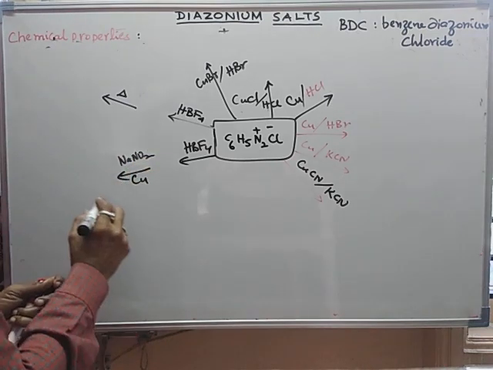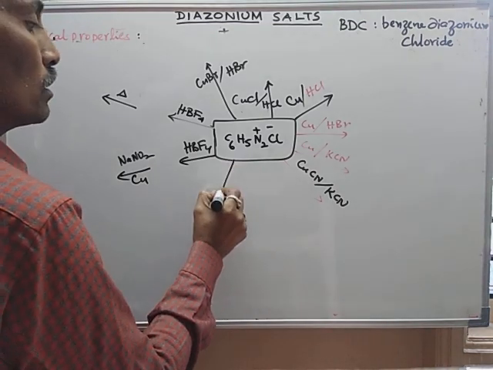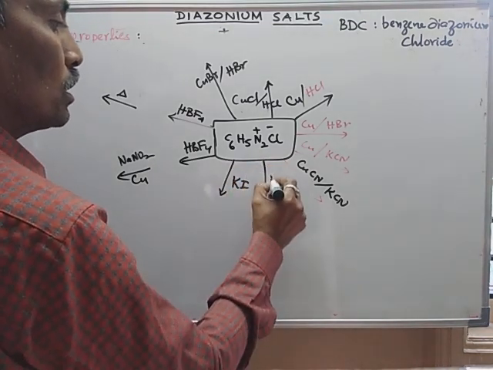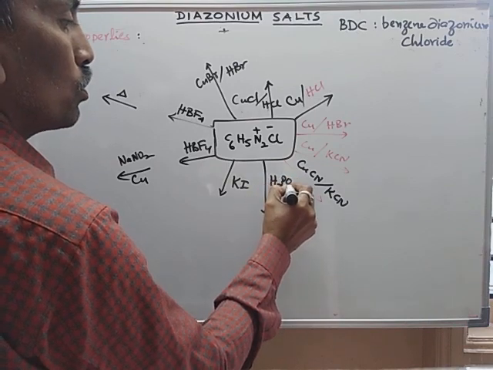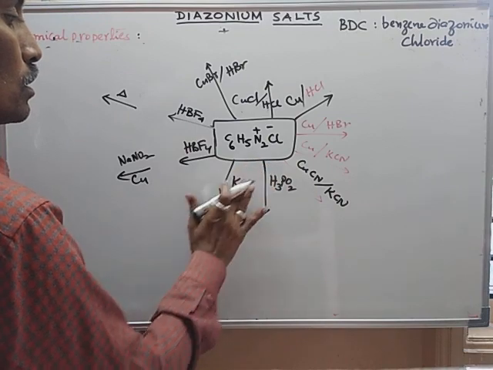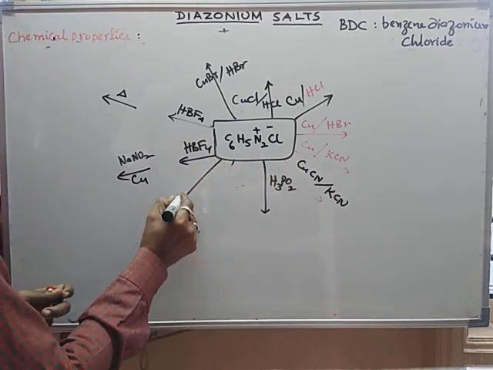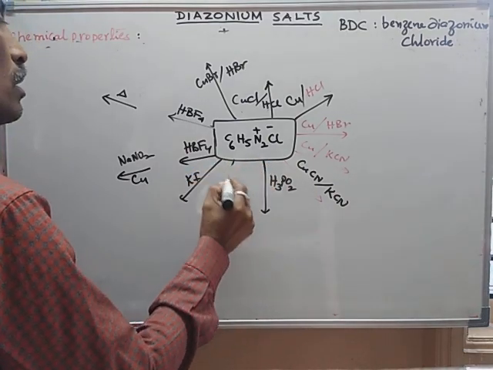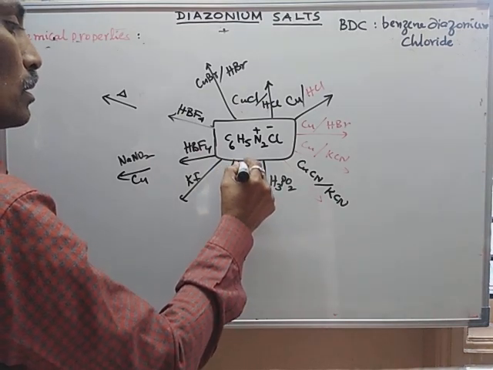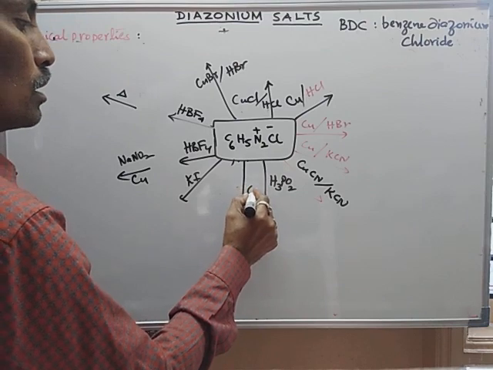NaNO2 and copper metal, then with KI, with H3PO2, with KI and with ethyl alcohol.